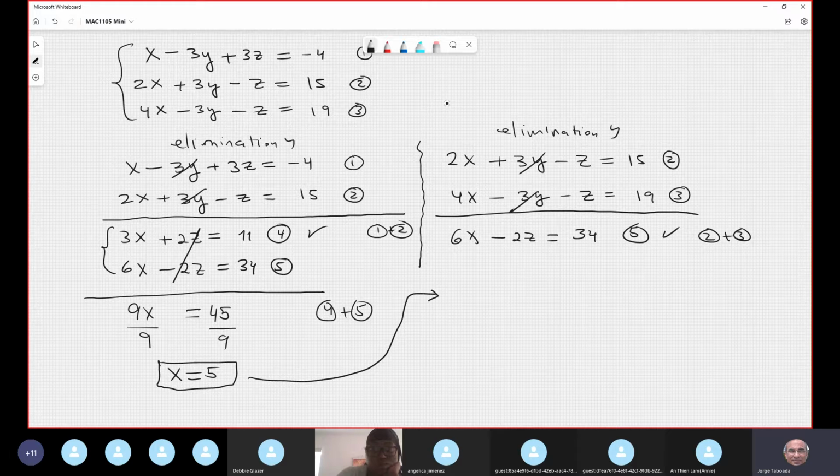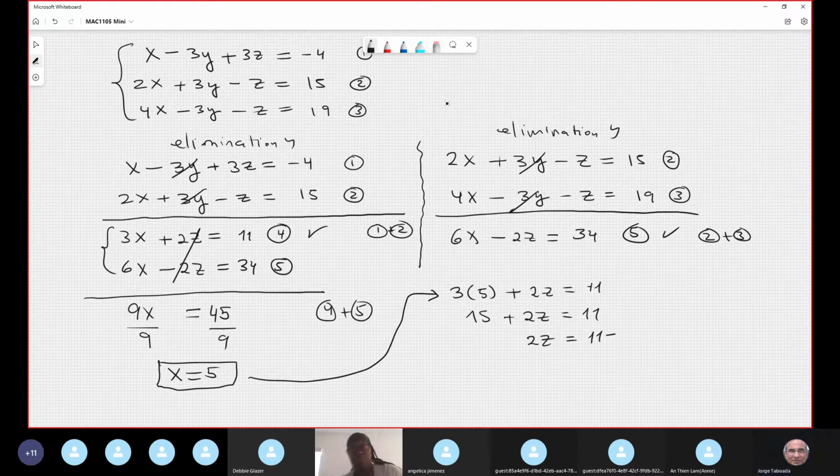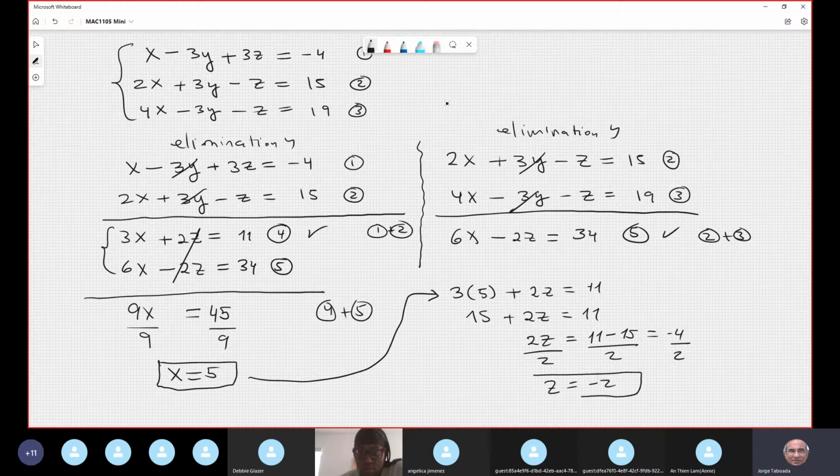So plugging 5 into equation 4: 3 times, replace x with 5, plus 2z equals 11. It's 15 plus 2z equals 11. 2z is equal to 11 minus 15, which is negative 4, divided by 2, z is equal to negative 2. Wow, amazing.